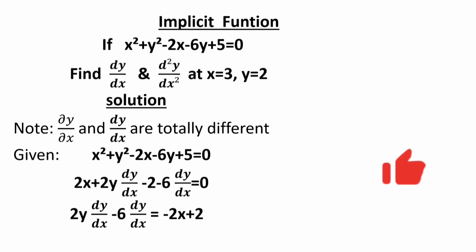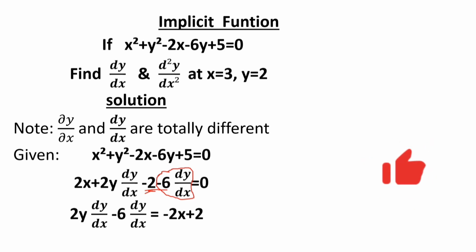Okay. What about this minus 2 that is here? Now let me show you something. You can't say minus 2 minus 6 here. It's wrong because this minus 6 is attached to this dy/dx. It's just like you saying minus 2 minus 6x. No, it is wrong.